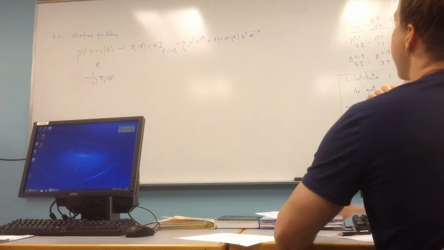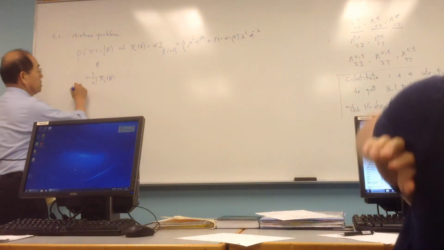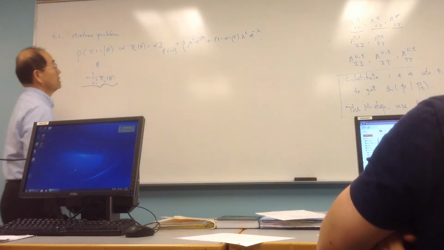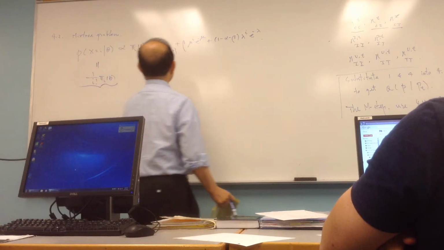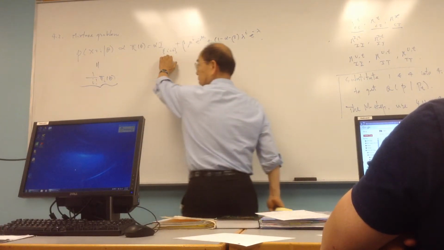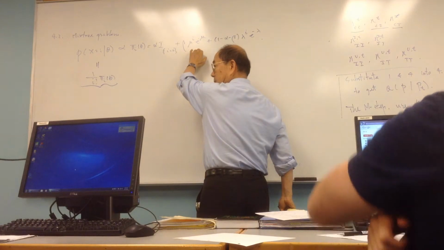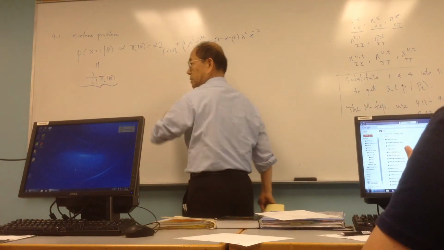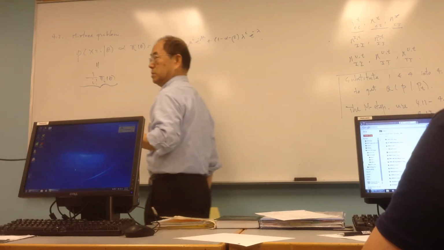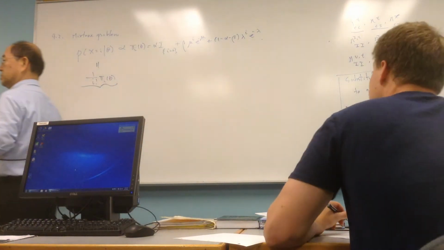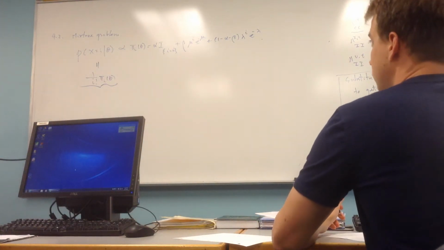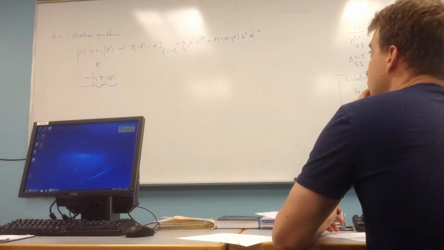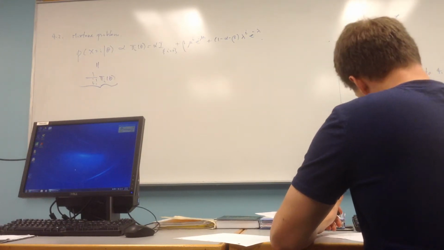So what I'm saying is this is actually a normalized density function, and this is also a density function. So this is the mixture of the 3 density functions. Two of them are Poisson, and the other one is a sort of point mass.